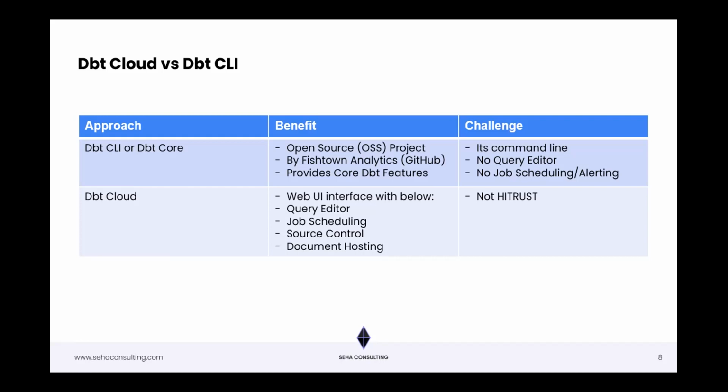Very key difference, you get job scheduling, and that scheduling capability you don't have with the CLI. You can set up source control with both of these, but job scheduling and alerting is not there in the Dbt CLI version. But the Dbt CLI version does provide you the core features of Dbt.